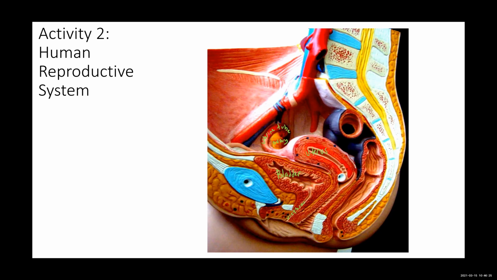We have here the birth canal called the vagina, and then at the very top of that vagina, or like the base of the uterus or neck of the uterus, we have what's called the cervix.